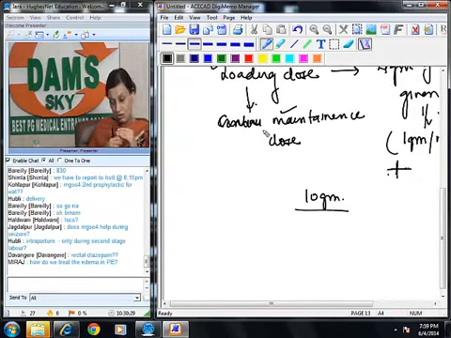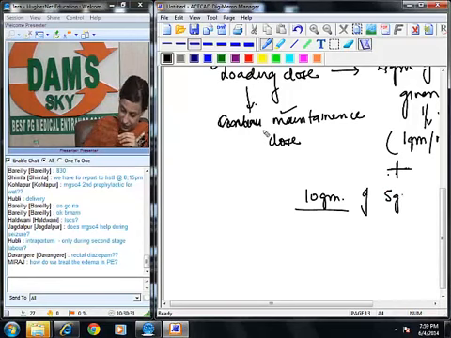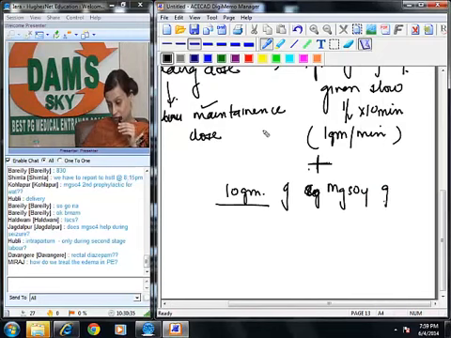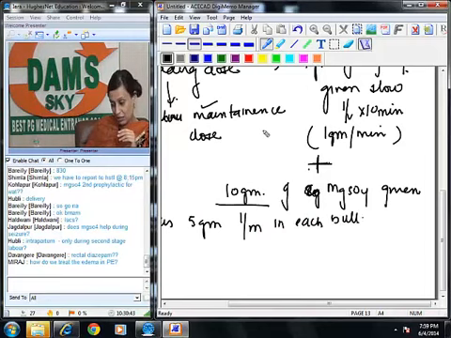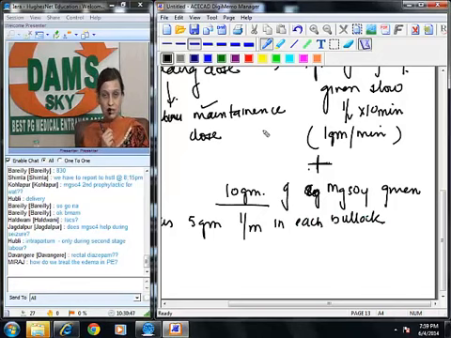10 grams of magnesium sulfate given as 5 grams intramuscular in each buttock. So the total intramuscular dose is 10 grams, out of which 5 grams is given in one buttock and another 5 grams is given in the other buttock, right?